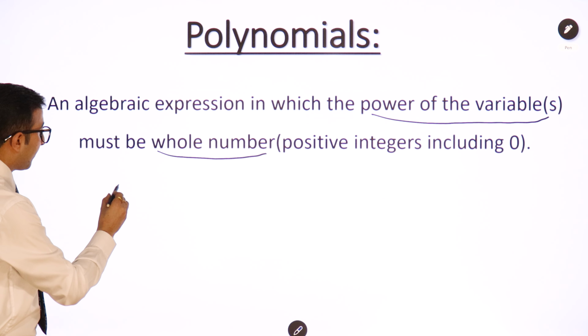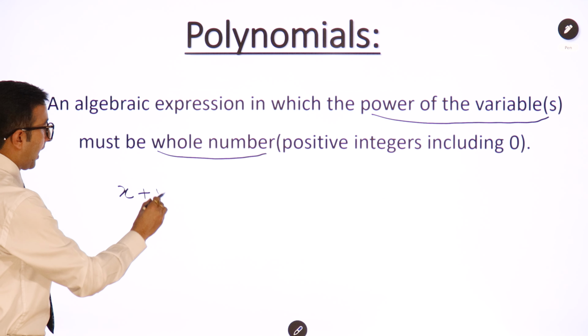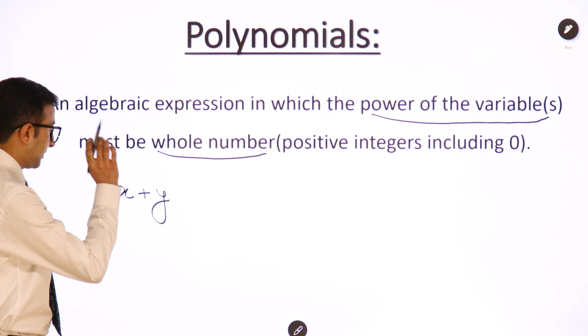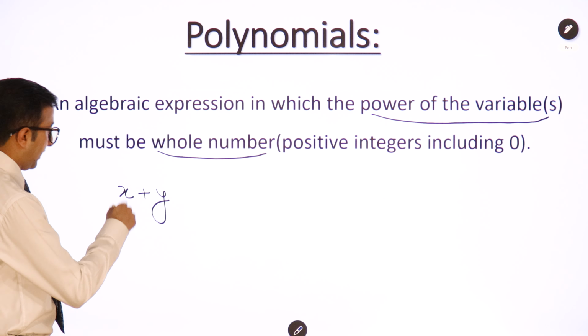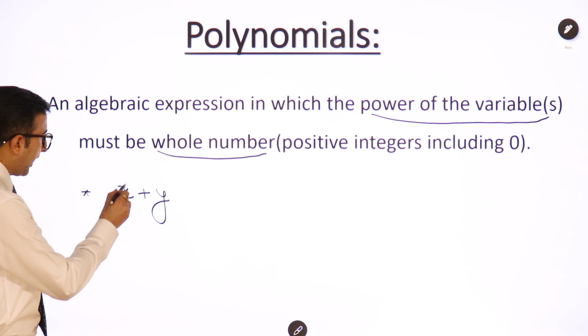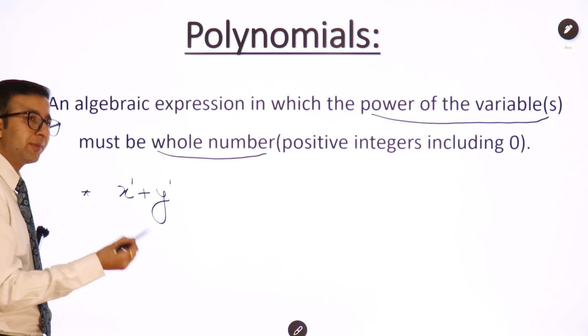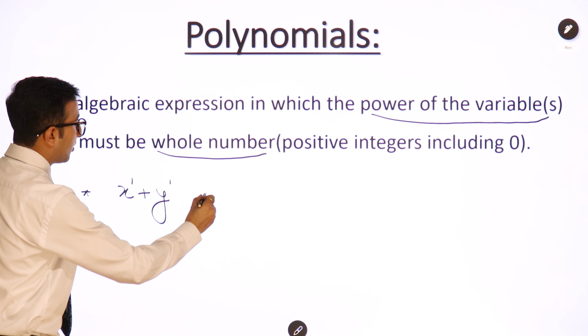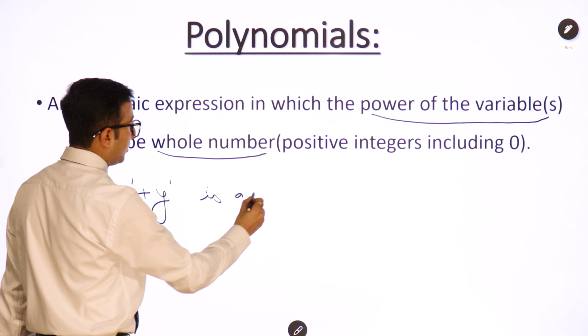If I have written x plus y, first of all, this is an algebraic expression. The variables are x and y. X has power 1, y has power 1. Since 1 is a whole number, this is a polynomial.